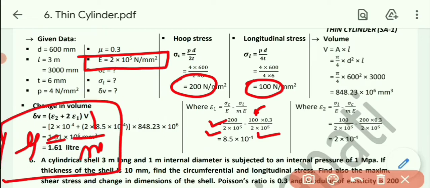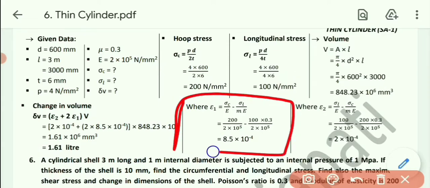So ultimately 1 upon m will multiply with sigma L. So 1 upon m, or we can say mu, that is given to us 0.3. So it is multiplied over here, 0.3. Now by simplifying this term, we will get this answer, that is 8.5 into 10 raised to minus 4. As it is a strain, it will be unitless. Now that's the value of epsilon 1.